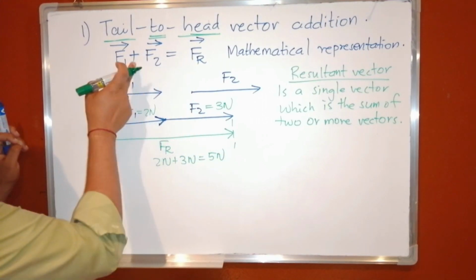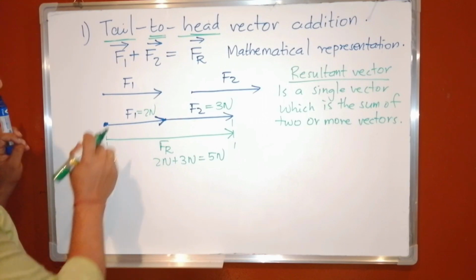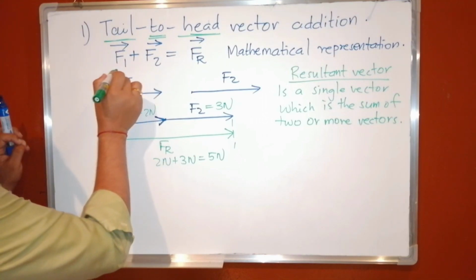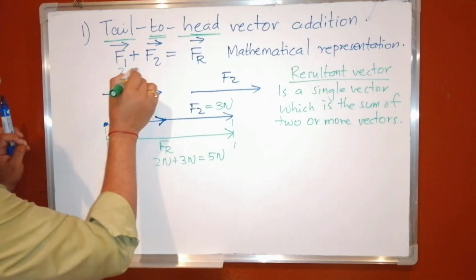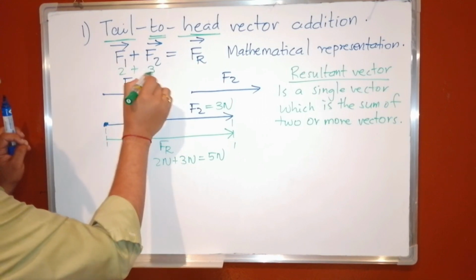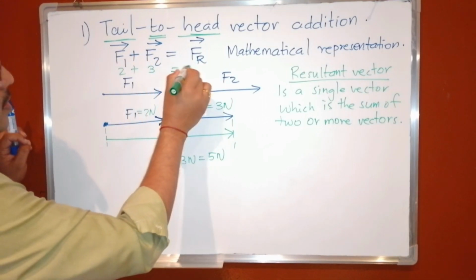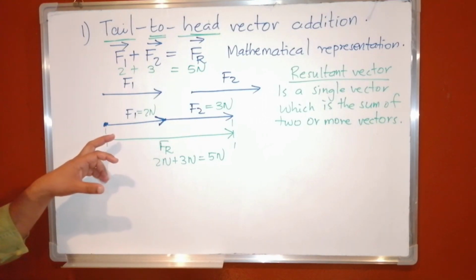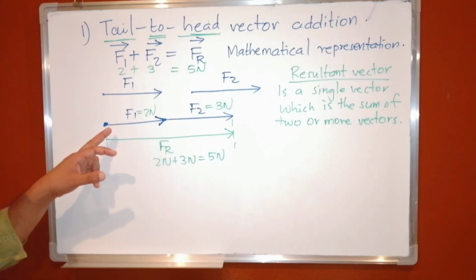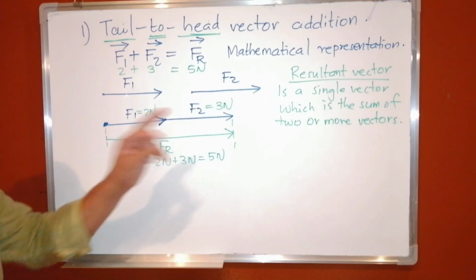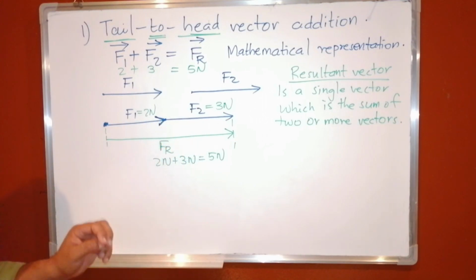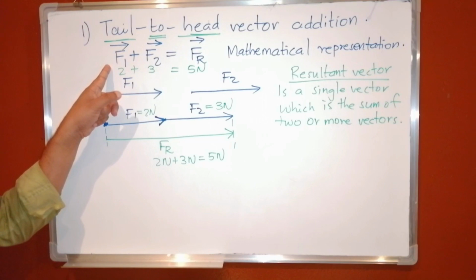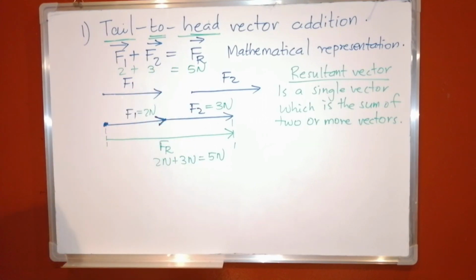If you substitute these values in the mathematical formula, F1 is 2, F2 is 3, and you will get 5 Newton. If the question is to calculate the resultant vector by drawing, you must follow this method. To calculate the resultant vector by the mathematical method, you must follow this method.